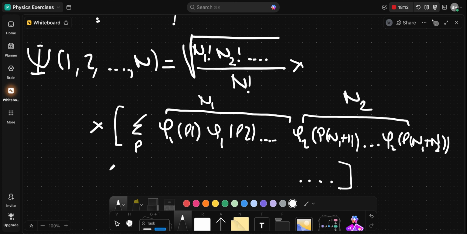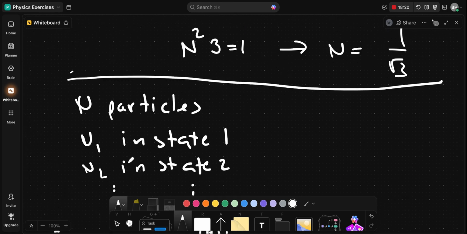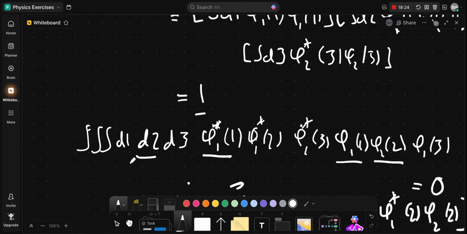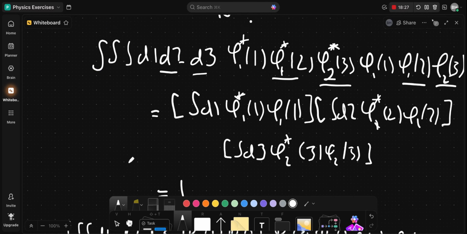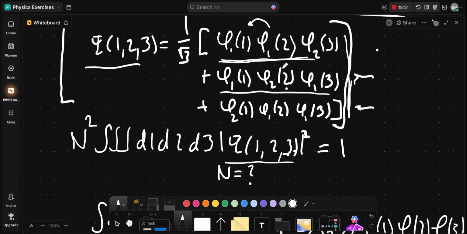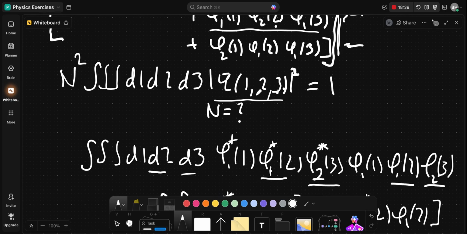This sum is over all the distinct permutations of coordinates. You can relate this to our 3-particle example because I said it's not all permutations that appear, only the distinct ones. So we have to make that distinction. Let me make this clear by using the 3-particle wave function.